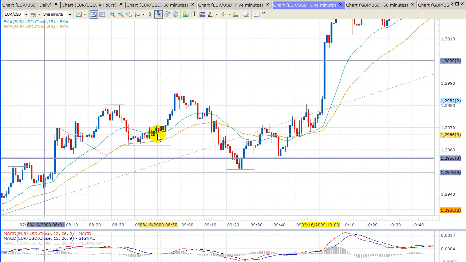I closed half of the position of the runner, because at news time you never know what's going to happen. You are just gambling if you are entered before the news. So I decided to close half of the position just in case the price could go against me.